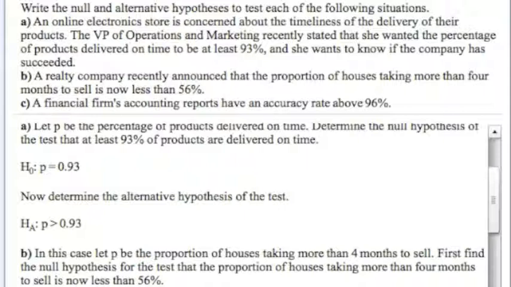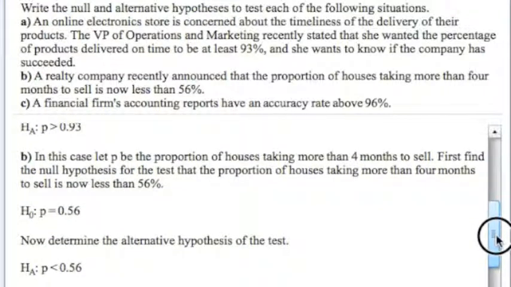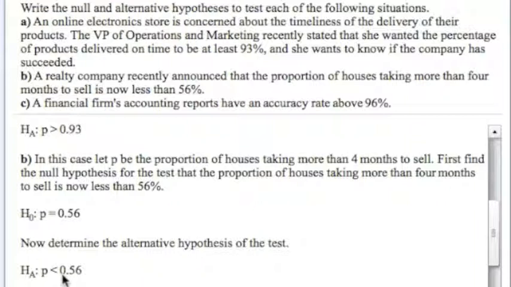So in that case, P is going to be less than 56. So the alternative hypothesis is P being less than 56. Again, you want to link this here to what we are trying to prove.